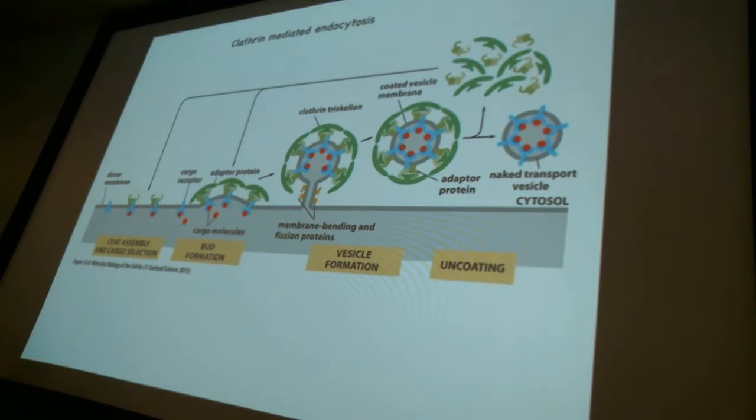So the process starts with the recruitment of the cargo molecule by the receptor. Wondering how do they have... They don't. That's a very good question, because in the beginning people were really rushing to crystallize it, hoping that it was going to be something as satisfying as this, and it's not.